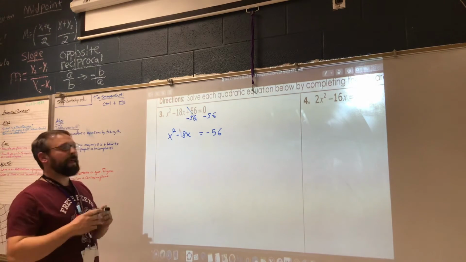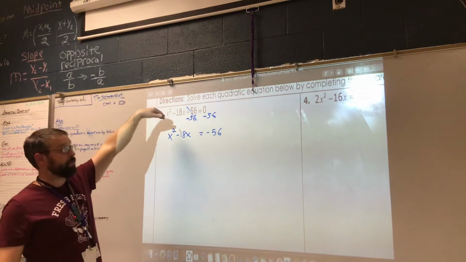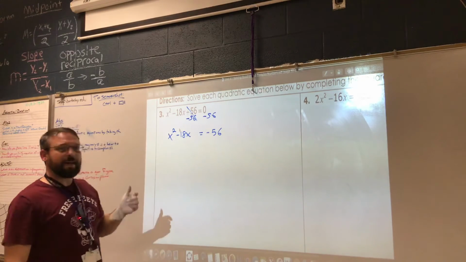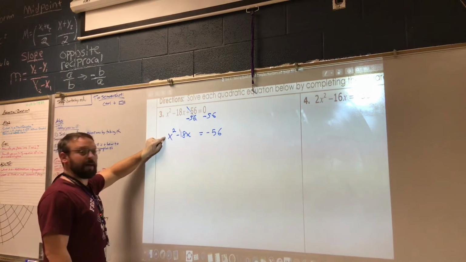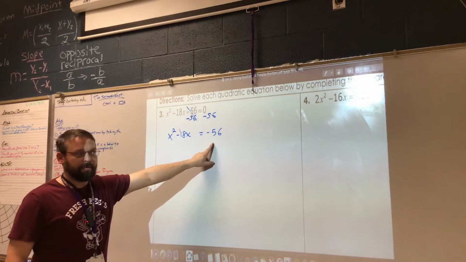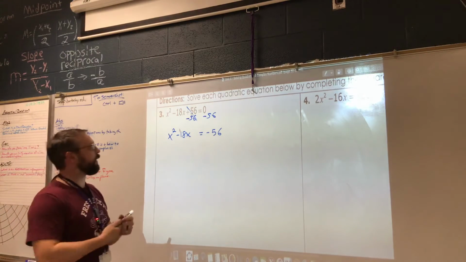So step 1 was rewriting it, which I've done. Now step 2 says divide by the a value. I'm lucky in this respect that the a value just happens to be 1. So if I divide everything by 1, it's still the same thing, right? So no new stuff there.